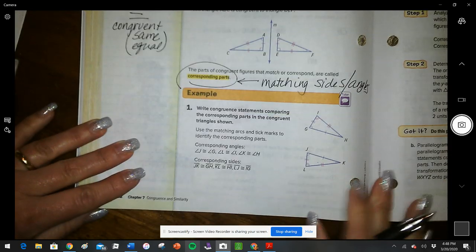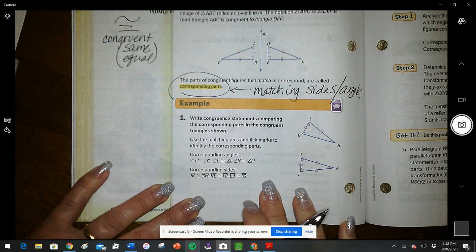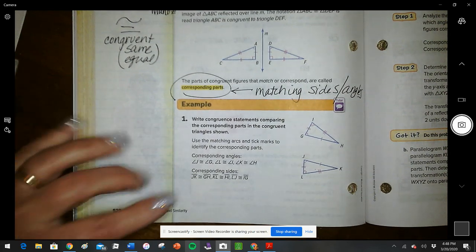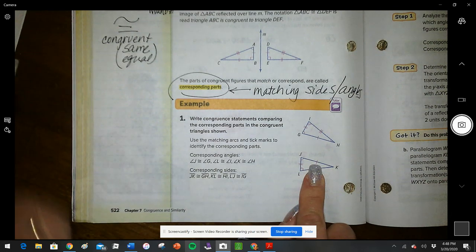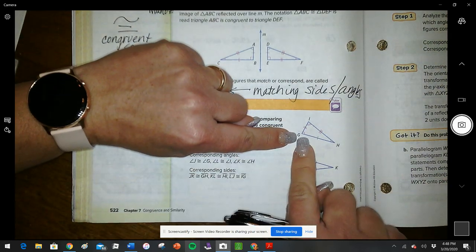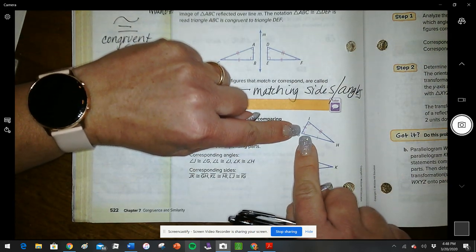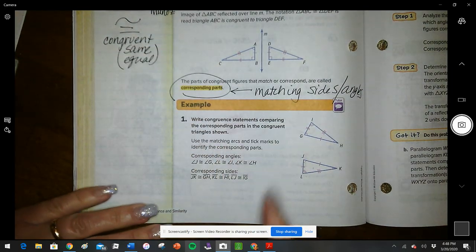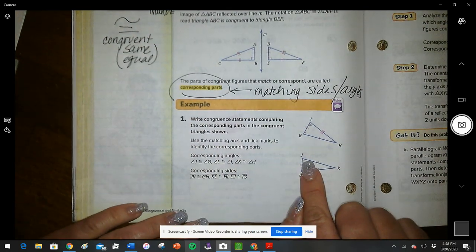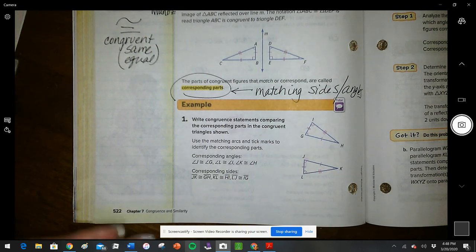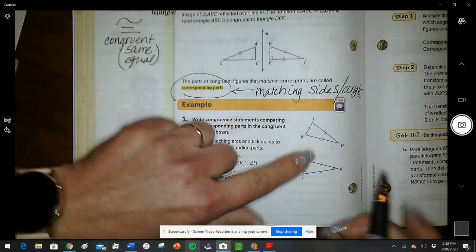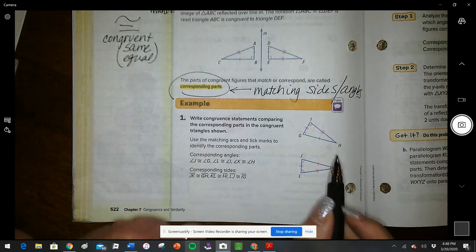Okay, so let's take a look down here at example number 1, just so you can get an idea of what's happening. GH matches with JK. This little angle G right here, since it only has one little swoop in it, letter J only has one little swoop in it. The only thing you have to do is be careful.